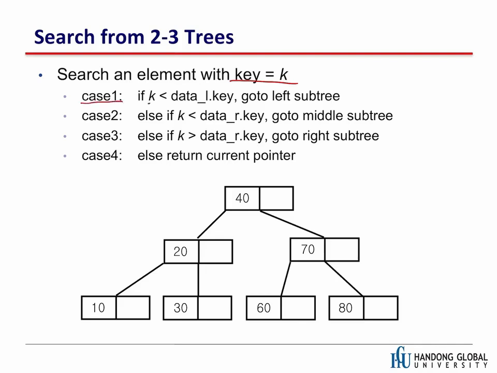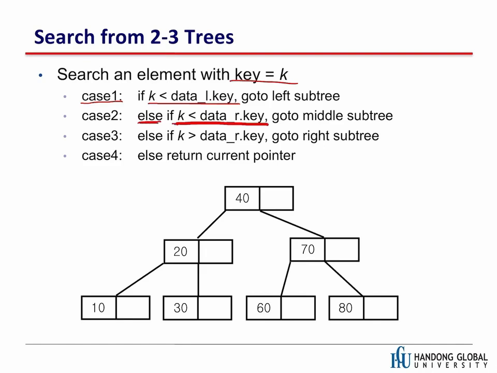And first, case 1. If k is smaller than data left key, then go to the left subtree, obviously. And if k is smaller than data R key, then it should go to the middle subtree.